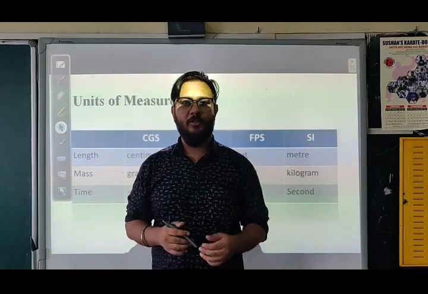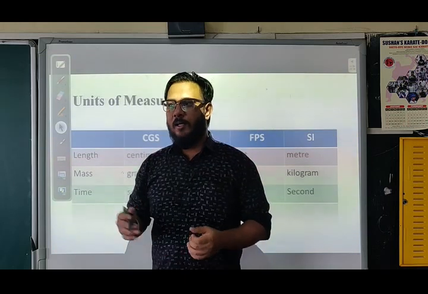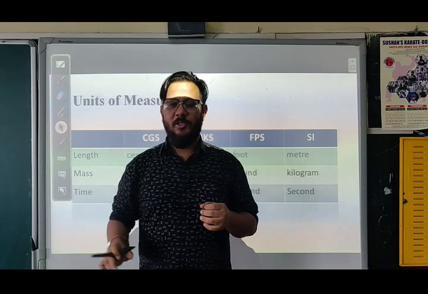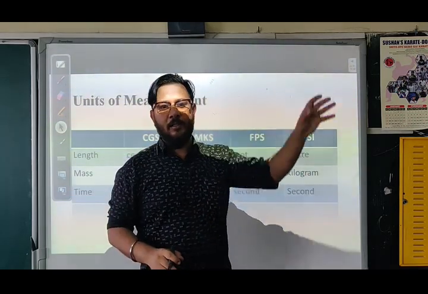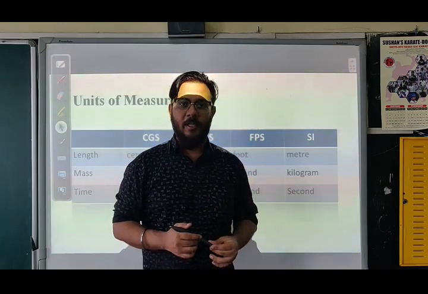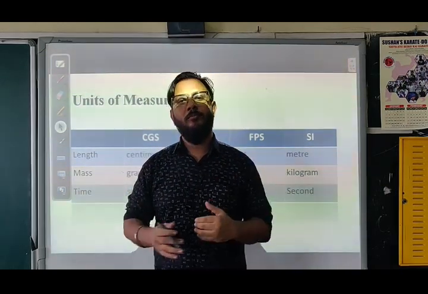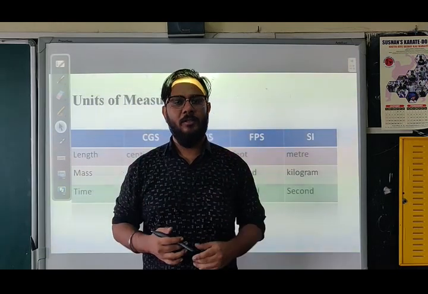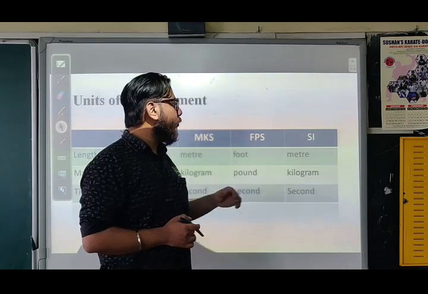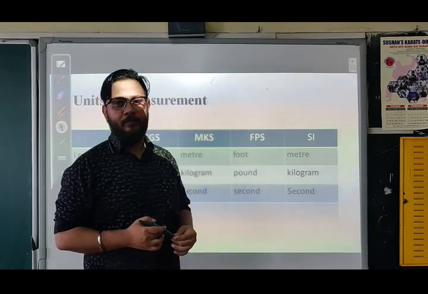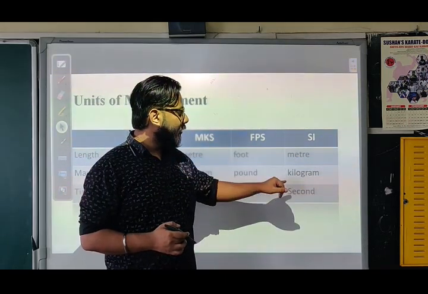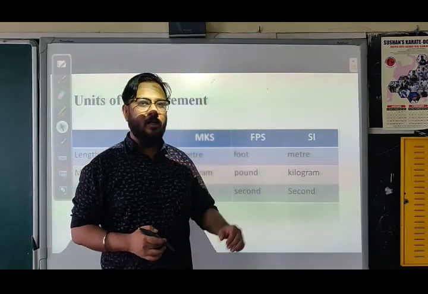Every country should adapt to this, so that research done in one country and the units used there can be understood by scientists and researchers from other countries. There should not be any problem in communicating the research data. So for that they came up with the SI system, the International System of Units, that is meter, kilogram, and second. For length, we use meter.